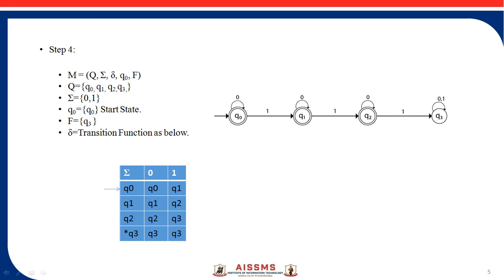Afterwards we see the tuple of the DFA. The tuple of a DFA is defined as Q, Sigma, delta, Q0 and F. Q means the set of states, that is Q0, Q1, Q2 and Q3, which we require in this DFA. Sigma is the set of input alphabets.